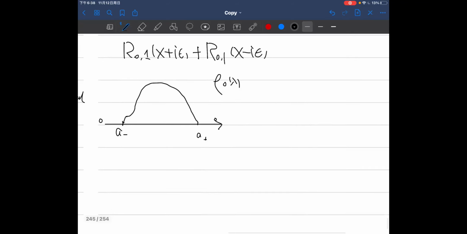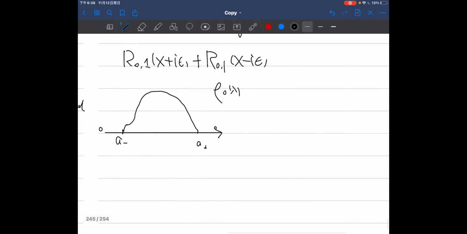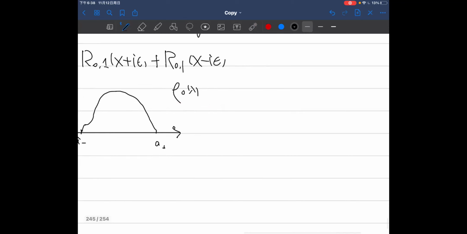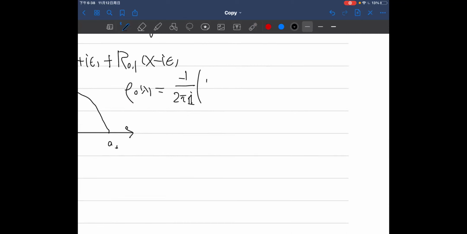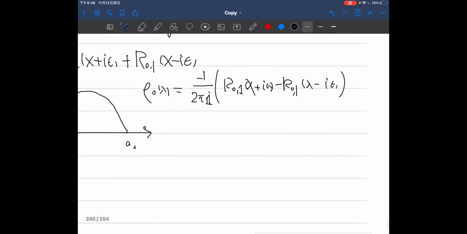Then we can consider what? We know that rho_0, its definition is just, I just write it. We have derived the equation: it is 1 over 2 pi i times R_{0,1}(lambda plus epsilon) minus R_{0,1}(lambda minus epsilon).